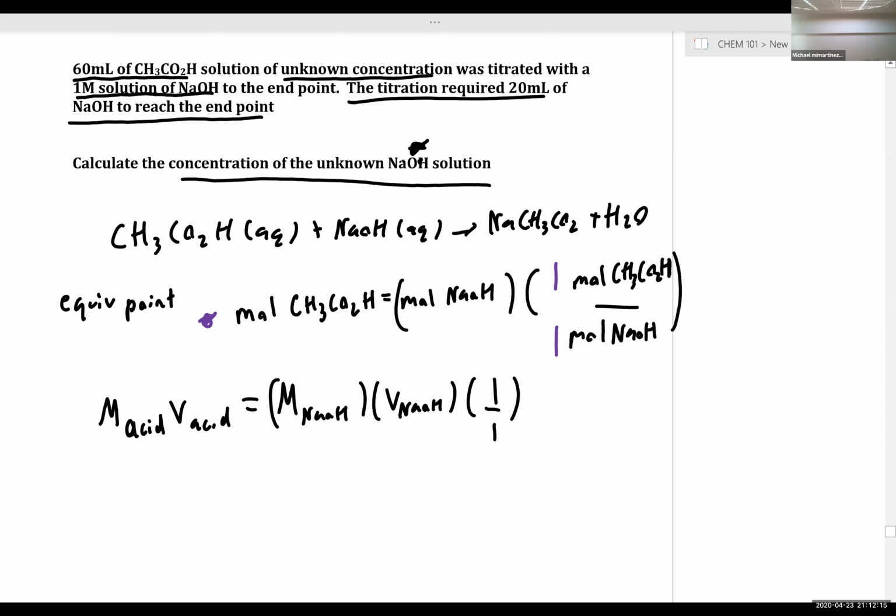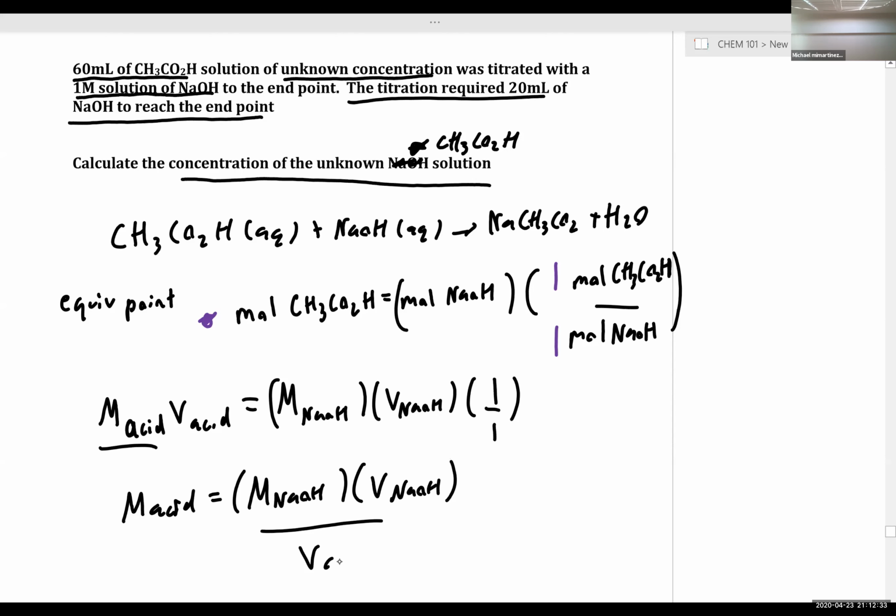Oh, this should be acetic acid since we're given the concentration of NaOH. So let's solve for the concentration of our acid. So the molarity of our acid is equal to the molarity of our sodium hydroxide times the volume of our sodium hydroxide over the volume of acid times 1/1.